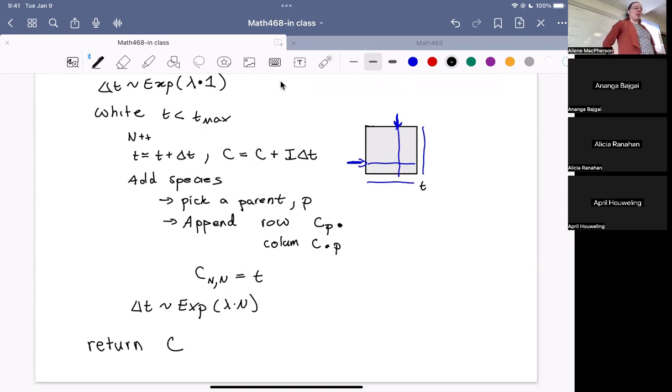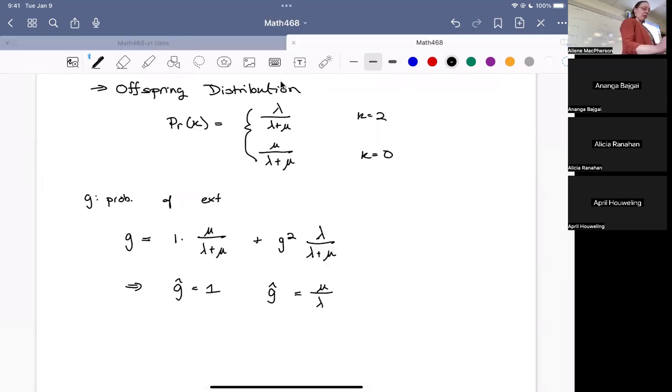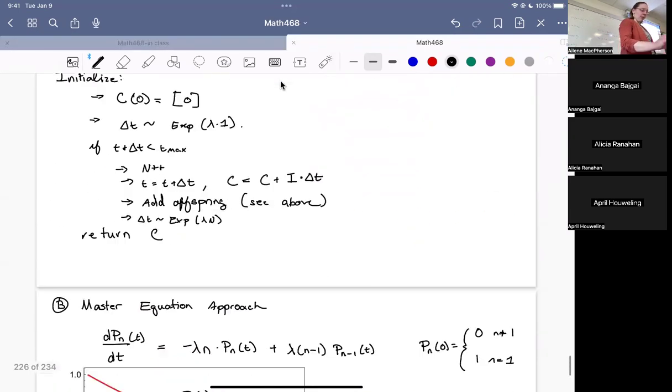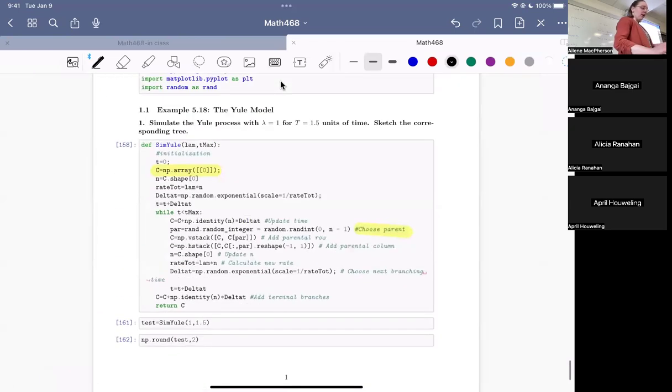Okay, in the interest of time, I won't go into the details of the code, but there is code available online where I go through this process where we choose a parent and add the offspring.